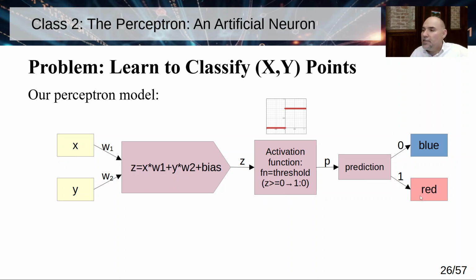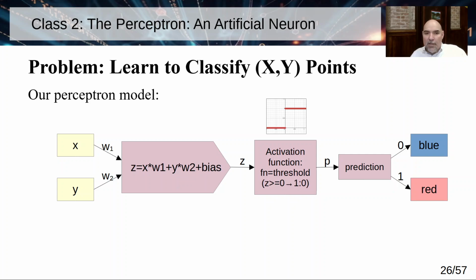So my prediction in this case is really just what I'm going to get out of this activation function, either always a 1 or always a 0. Let's arbitrarily say 0 is blue, 1 is red. So we've got two inputs, x and y. We've got all of the data flow going through there, and at the end, it's going to report either a 0 or 1, a red or a blue.